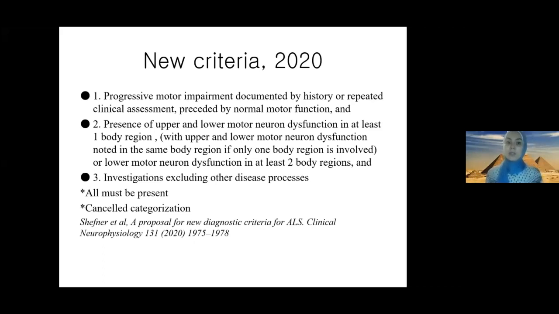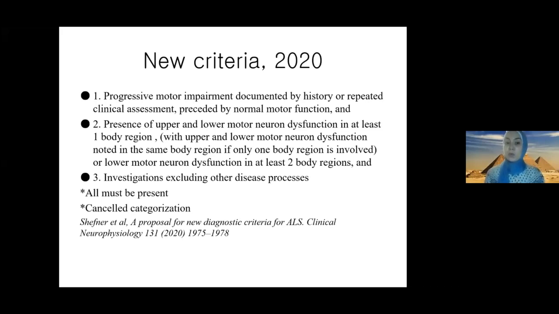Second, presence of upper and lower motor neuron dysfunction in at least 1 body region. You can see how they changed that. In only 1 body region, with upper and lower motor neuron dysfunction noted in the same body region if only 1 body region is involved. They have to be present together in the same region.